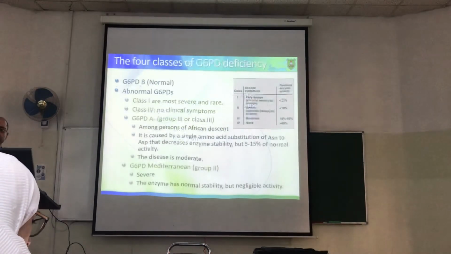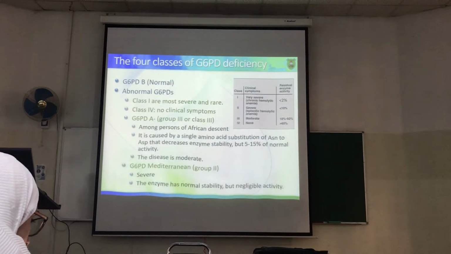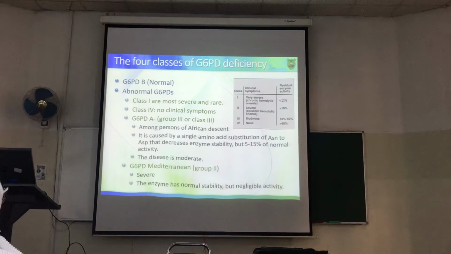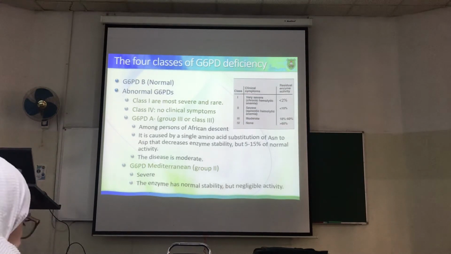And these mutations, there are different types. So you have the G6PD-B. If we say variant B, it means that this enzyme is the normal enzyme.